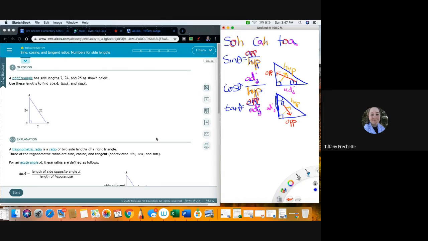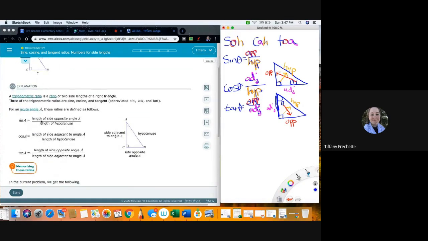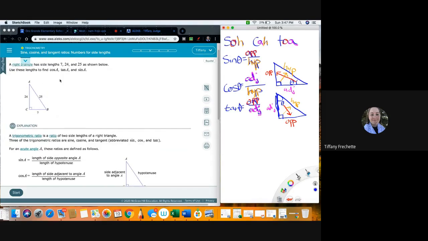So now all we're going to do is write some ratios based on these notes. So if we go down, we see sine, the length of the opposite over the length of the hypotenuse. So if we want the sine of A, we need to go to angle A here, and we want opposite over hypotenuse. So we go opposite, which is 7. Hypotenuse is across from the 90, so 25.